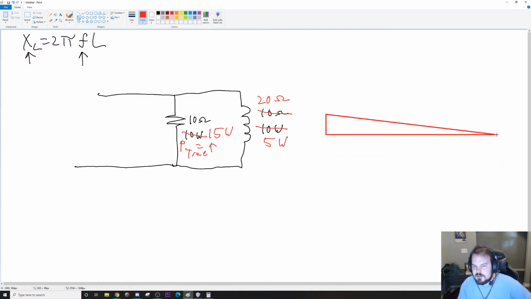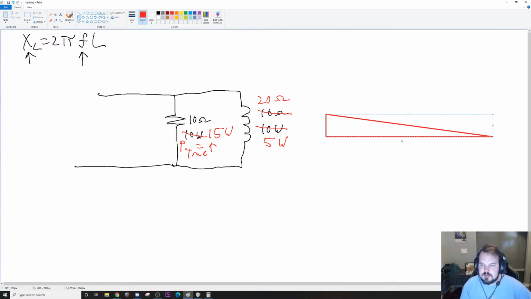Well, now you have the same true power and probably slightly less apparent power, but still this phase angle got better.